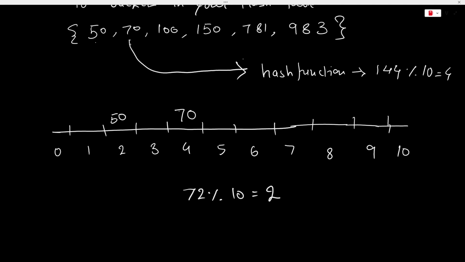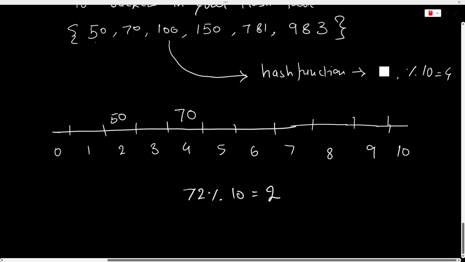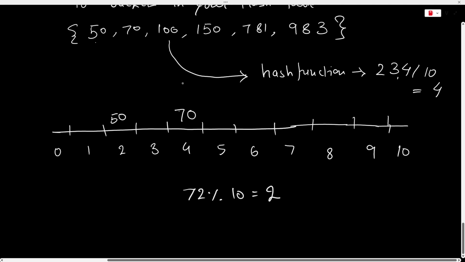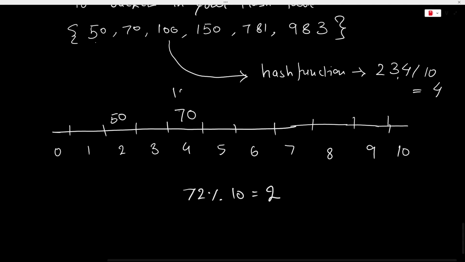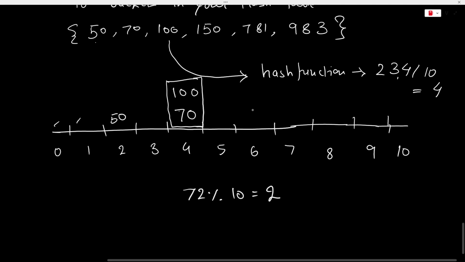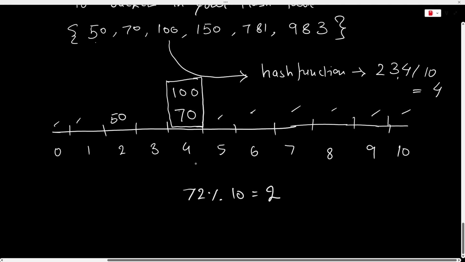Now let's say 100 goes into our hash set, and we get something like 234 mod 10, which is 4 again. So this 100 will be stored along with the 70 in a linked list fashion that I mentioned earlier. Now one would think there are so many slots left over here, why do we have to store 100 along with 70 at the fourth bucket index?